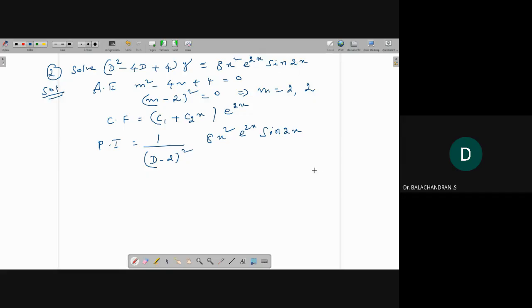So first you should operate e power ax. So e power ax means you should replace d by d plus a. A is here 2. Into x square into sine 2x. So again, this is actually type 5. So this is equal to e power ax 1 by d square.